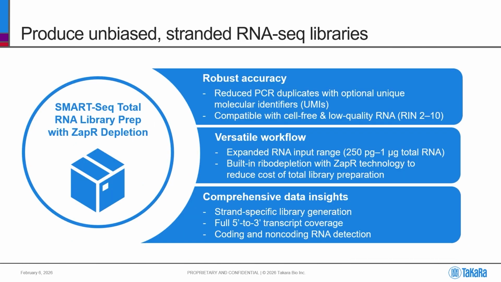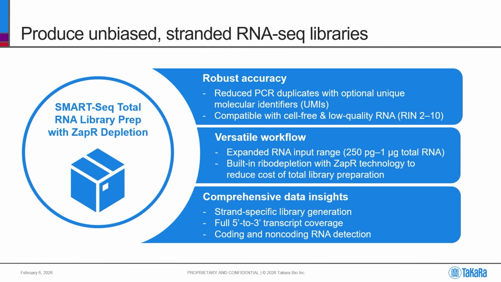With SmartSeq total RNA library preparation with ZAPR depletion, you get confidence in every RNA sequencing result. The workflow delivers cleaner data by reducing PCR duplicates with optional UMIs for added certainty, especially critical when samples are limited.